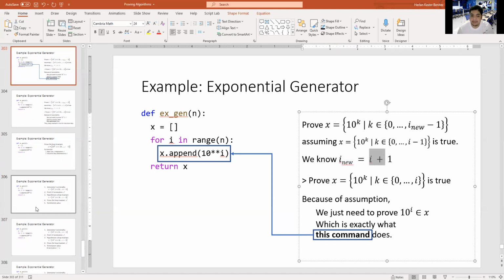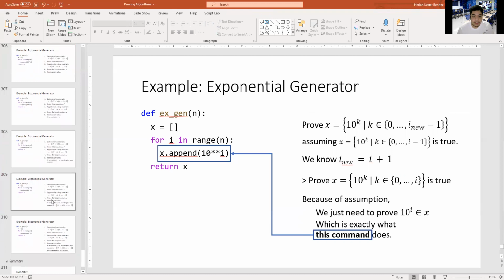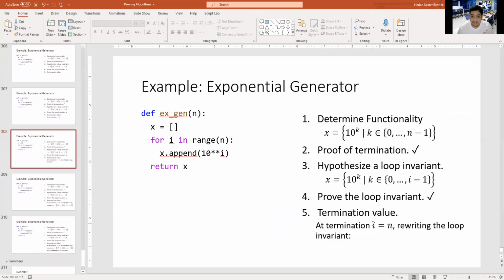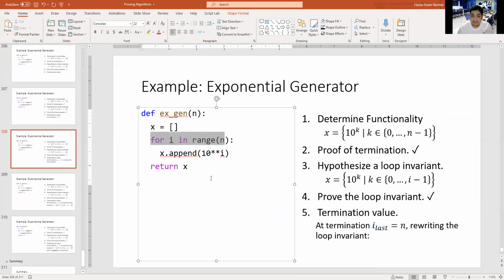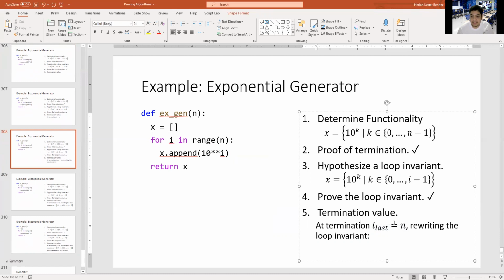So, n minus 1 plus 1. Kaya, ang ginamit ko dito is at termination, i equals n. So, you can consider this as yung last value ni i will be n. And apparently, actually, nasa labas na siya ng loop. And that's alright. Because at termination, yun nga, i last is equal to n.